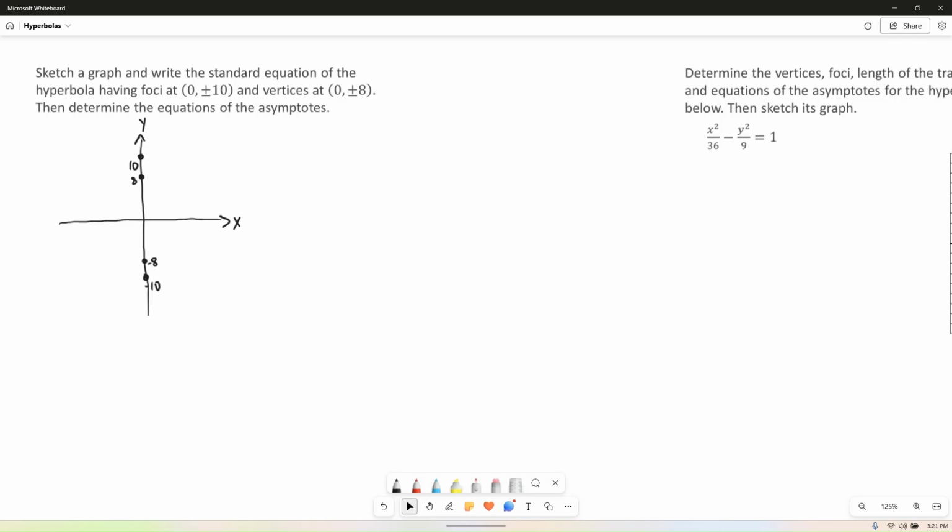So remember, when we see these conic graphs, the graph will always travel through the vertex and around the foci. For parabolas, there's only one focus, and the graph always curves around the focus away from the directrix. For ellipses, there are two foci, and the foci are inside the ellipse.